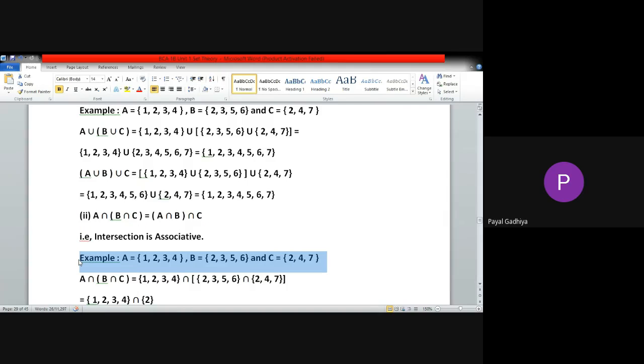Take a screenshot of it. Just verify both sides, A intersection (B intersection C) and (A intersection B) intersection C, and the answers will be the same in both cases. Okay, the proof of these statements we'll see in the next session.